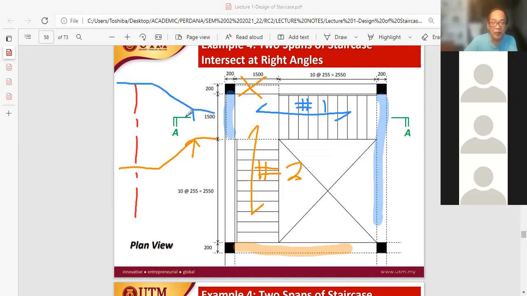This is flight number 1, the blue flight. Here there is a beam, here there is a beam.